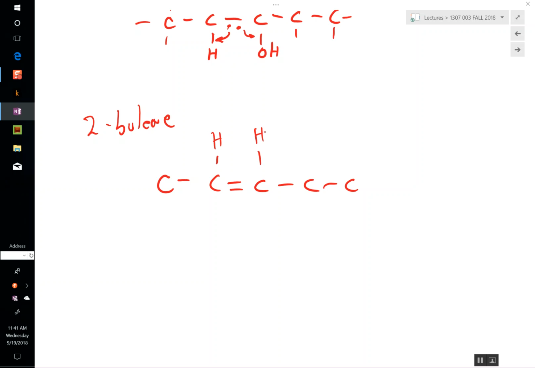And it's probably going to be 50-50 in that case because each carbon has a hydrogen. We'd have to go do that experiment and get the product, and we might find 55% of one and 45% of the other one. My guess is a little bit more of it would go one way, but don't worry about it. Just when there's the same number of hydrogens, there's no definitive major product.